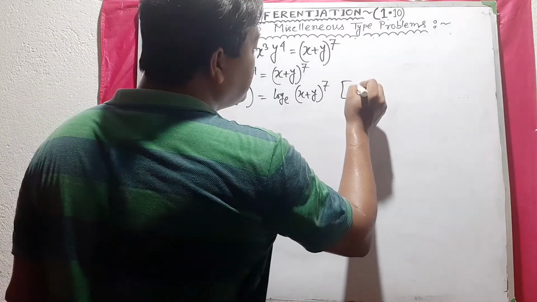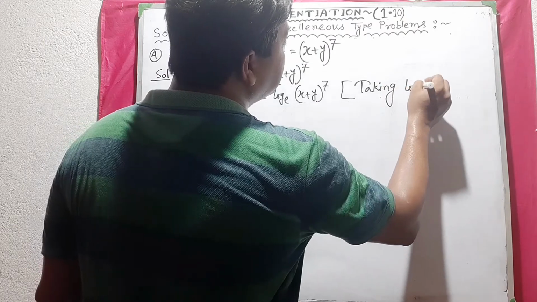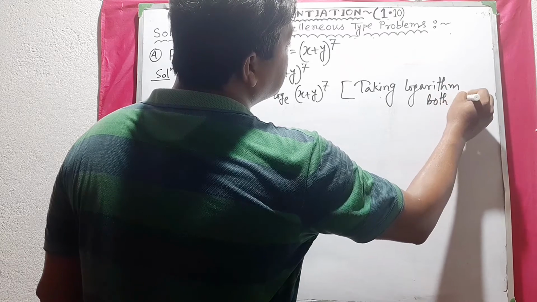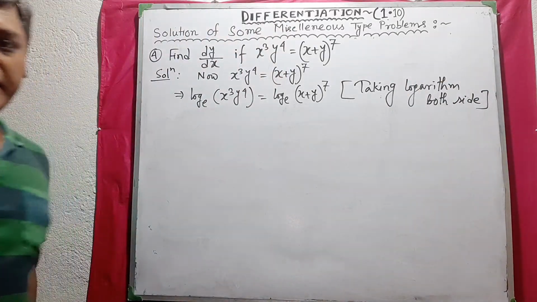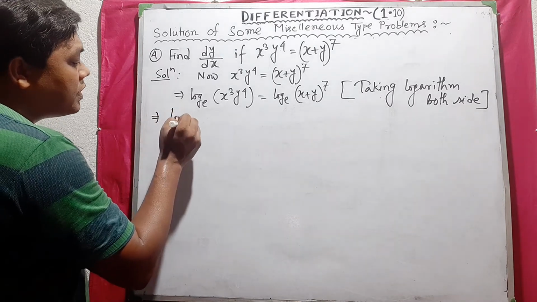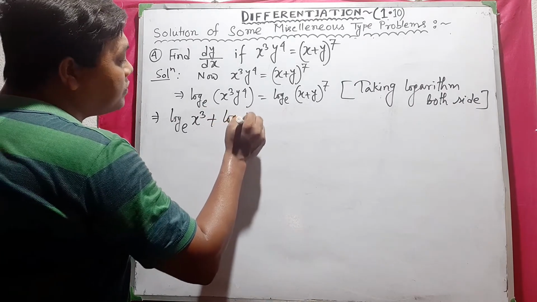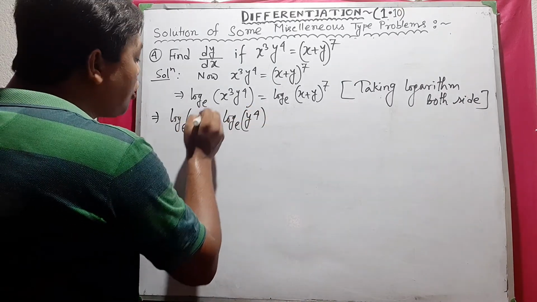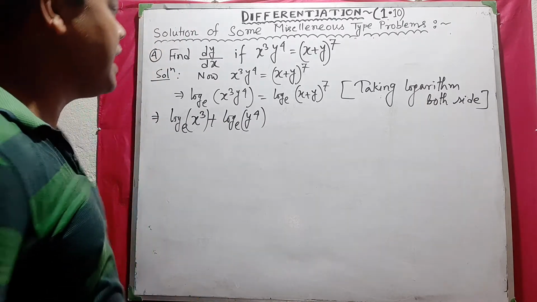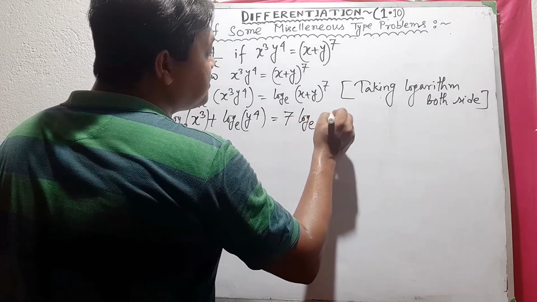So we write down, taking logarithm both sides. By using the formula of the logarithm, log base e x cube plus log base e y to the power 4, because log of m times n equals log m plus log n, and that gives 7 log base e of (x plus y).